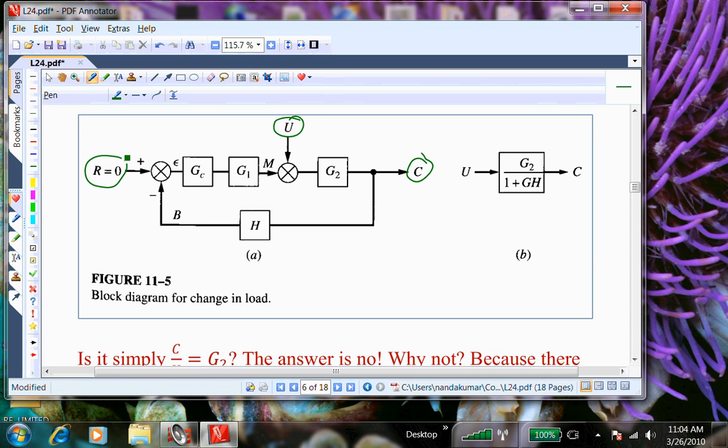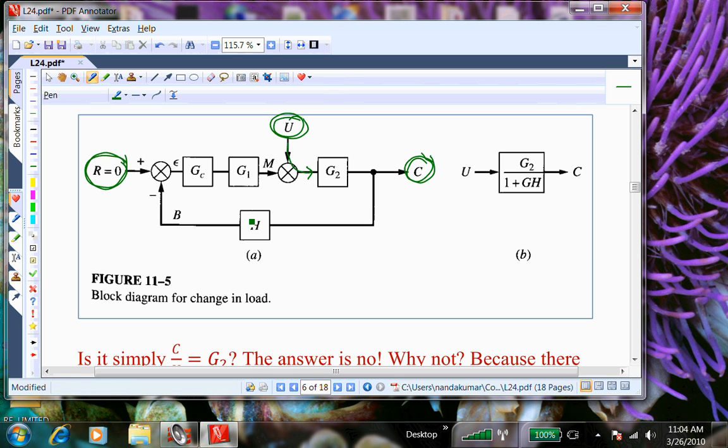So what would be the effective transfer function that relates the output from the process versus the disturbance that is entering the process? Is it going to be simply G2 times U? U certainly affects this way, and R is 0, right? So will, for example, GC, G1, and H affect C? It should affect C. Why?